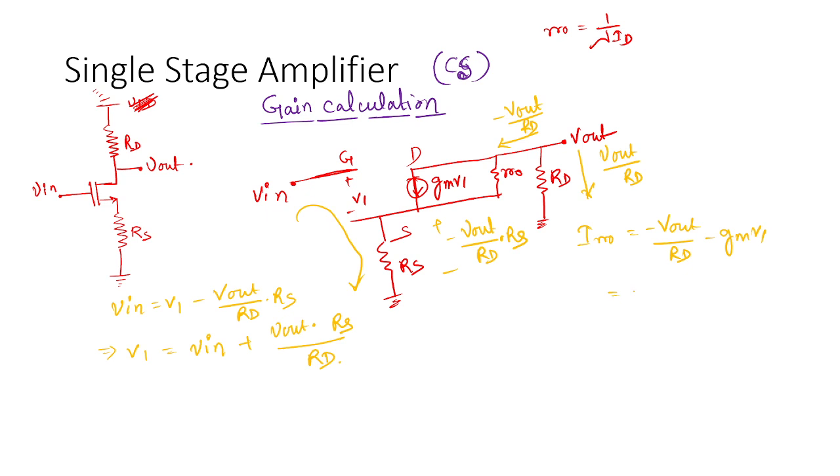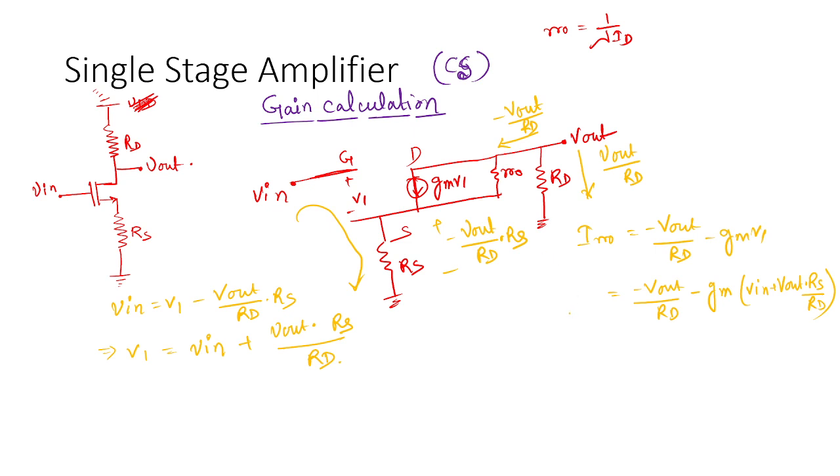Okay, so if I replace, this is Vout by RD minus gm, and V1 is Vin plus Vout RS by RD.